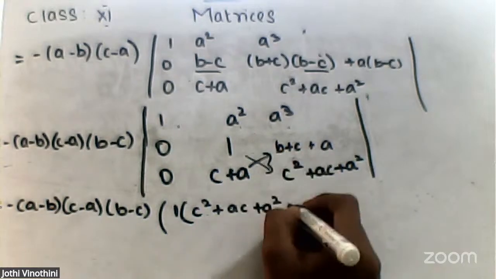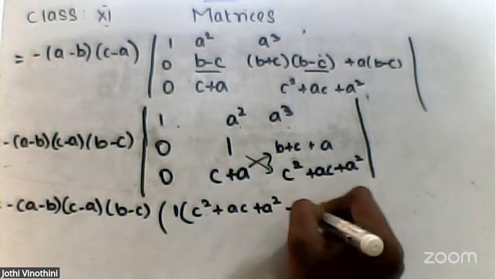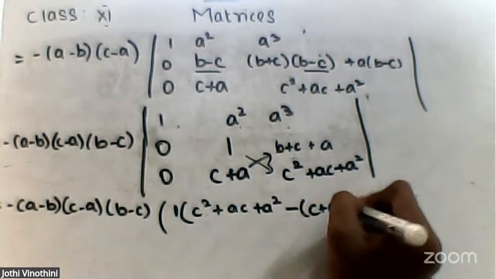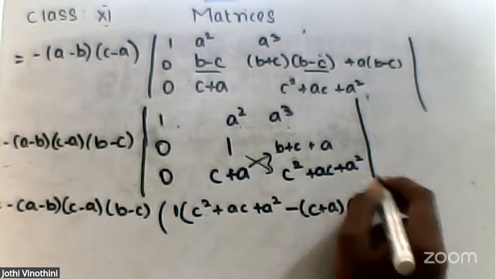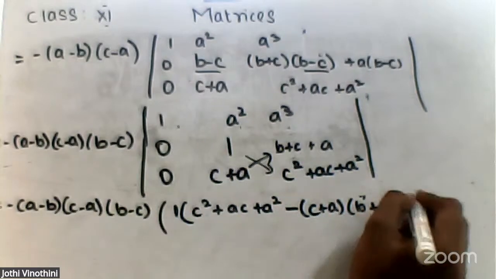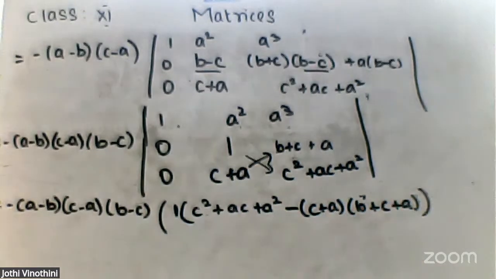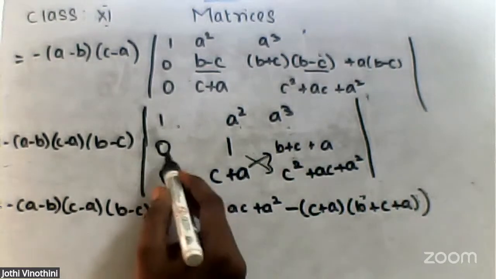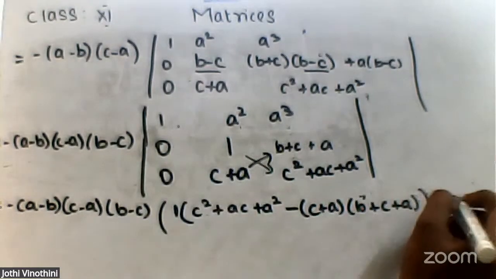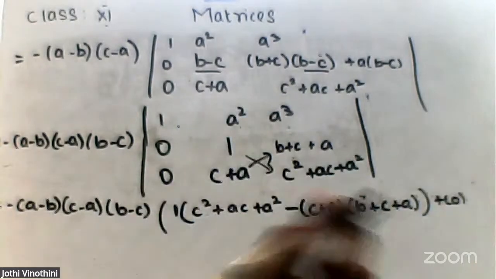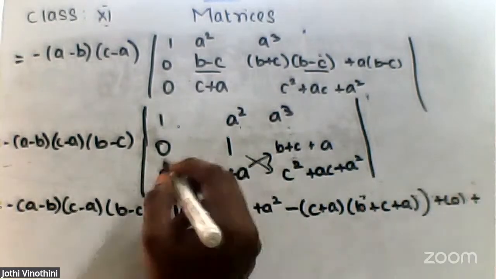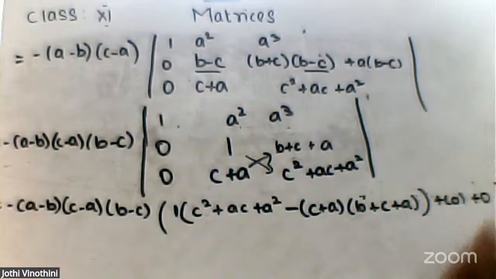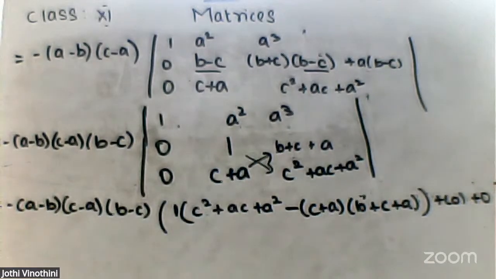When it goes, we have to add a minus. So it will be C plus A multiplied by B plus C plus A. Clear? Clear. The other two terms: 0 multiplied by anything will remain 0, and the next term is also 0. So we can directly write zeros there.